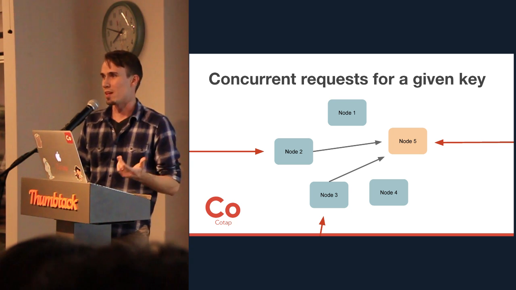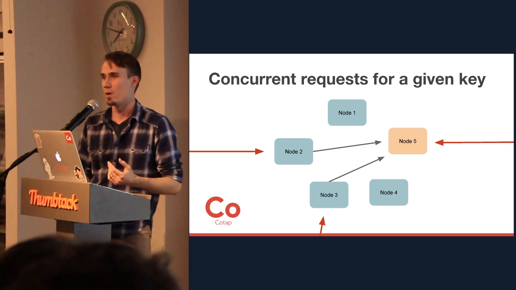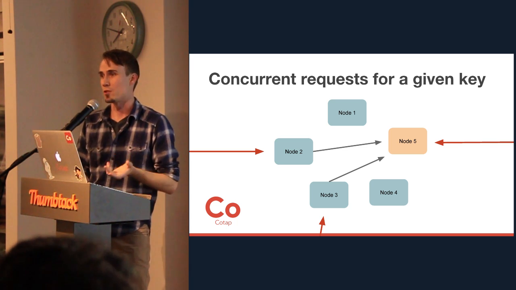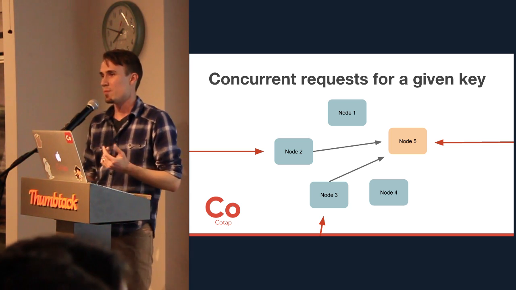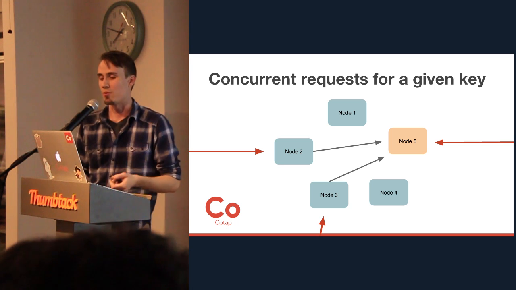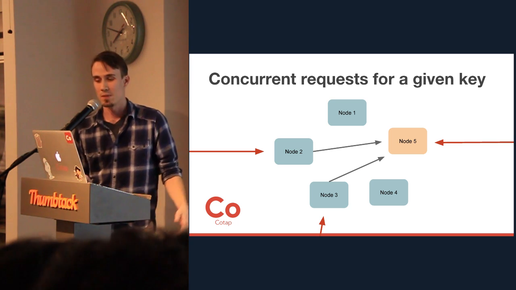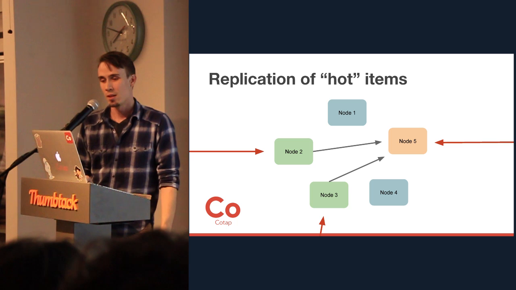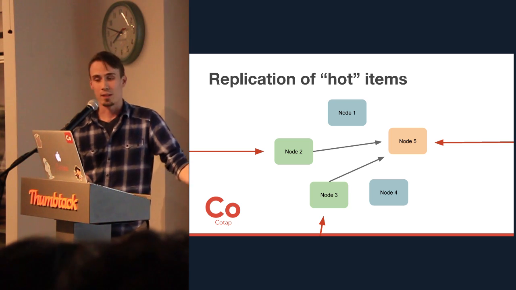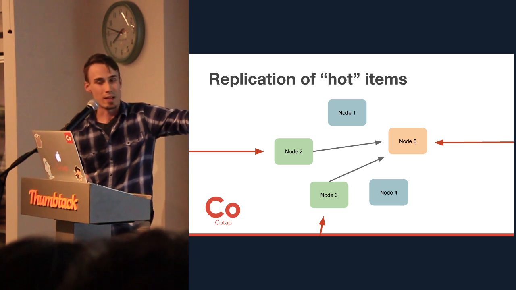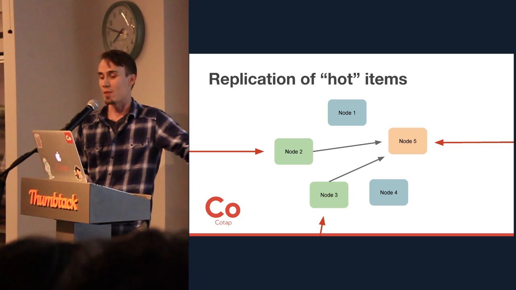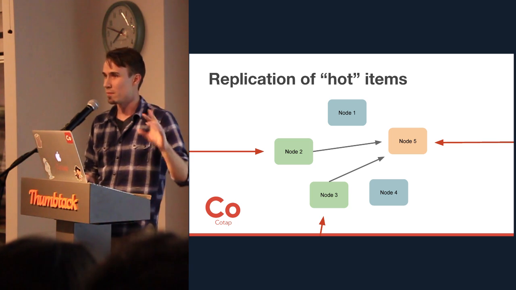So if your image resize takes half a second, one client requests it, another client requests it 250 milliseconds later, then the rest of the clients only have to wait half a second because it was already being processed. And then again, finally, if these clients on the edges here also get a lot of requests for that item, they cache it in their hot cache.